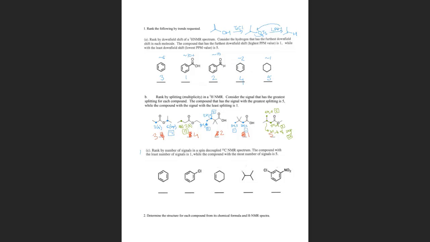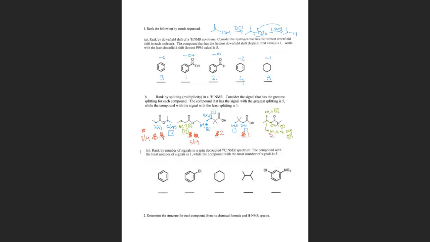I'm going to come back to this question really quickly because I want to make sure that I've explained that splitting right. And I'm going to double check if that n+1 rule applies when we're counting this. So this could be 3, 4. Hold on. I see what you're saying, and we can come back to that for sure because I want to make sure that we clear up that confusion. In the meantime, let's quickly cover CNMR.